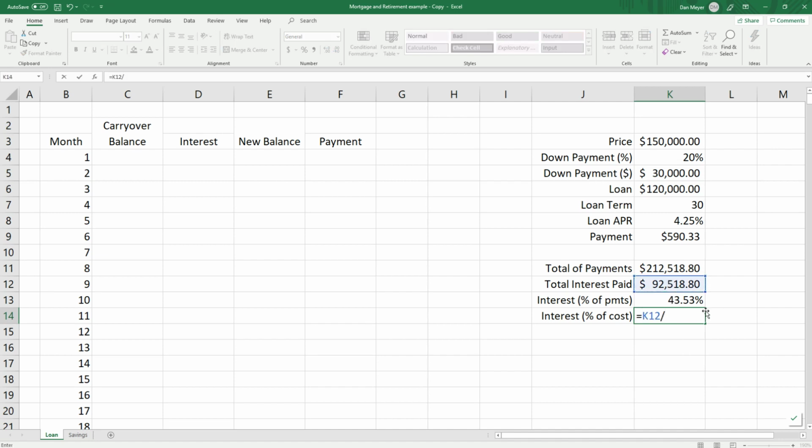We didn't really look at this one before, but as a percent of the price, 62, that's not right. That can't be right. It should be less. I must have typed in the wrong thing. Interest divided by the total price. 60, that can't be right. I guess it is.